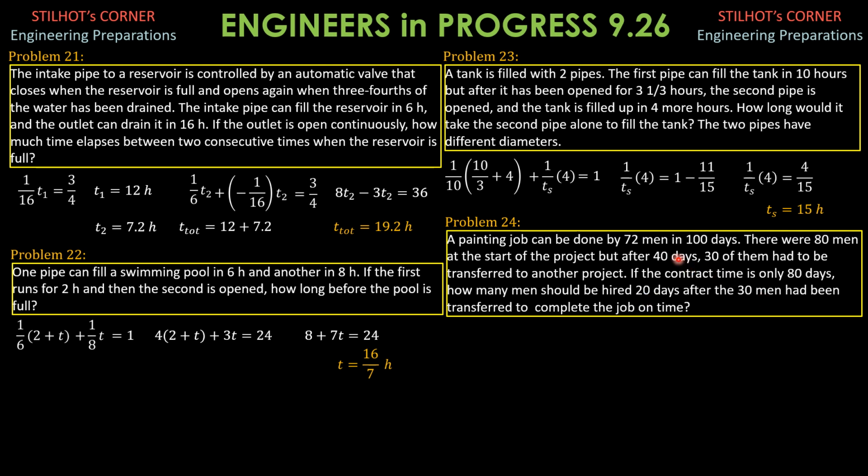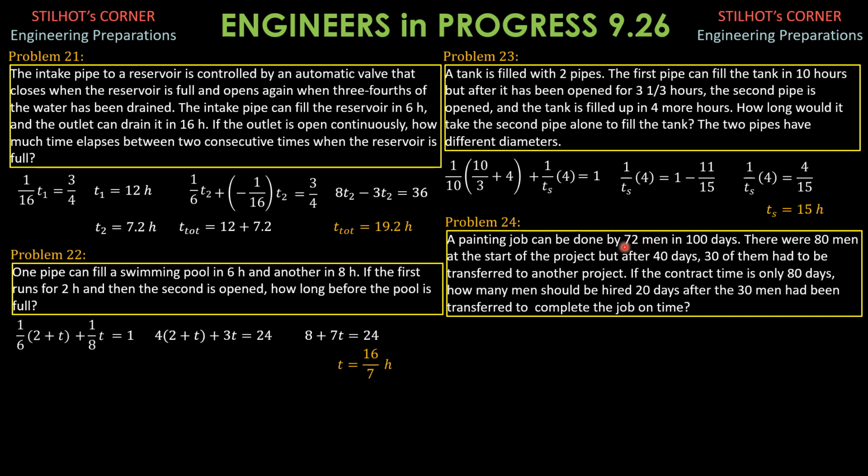So 80 times 40, then plus 80 minus 30, or 50 men, who have worked only for 20 days, between day 40 and another 20 days. Then since the contract time is 80 days, there will be 20 days more where the hired X men will also work together with the 80 minus 30, or 50 men.